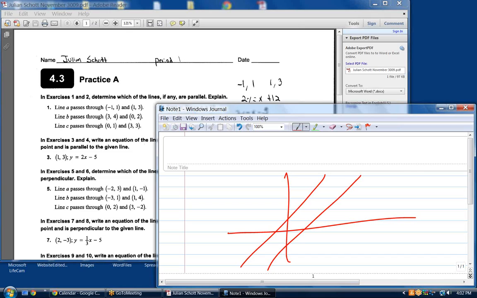What's the most important thing about a line? I don't know. Its slope. Oh, these two slopes are the same. So if two lines are parallel, then they have the exact same slope.